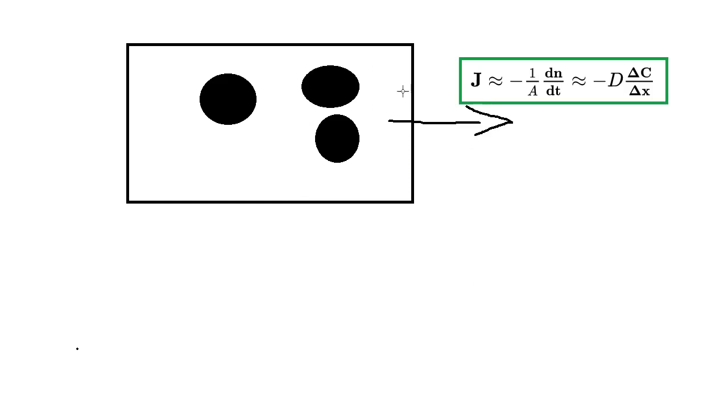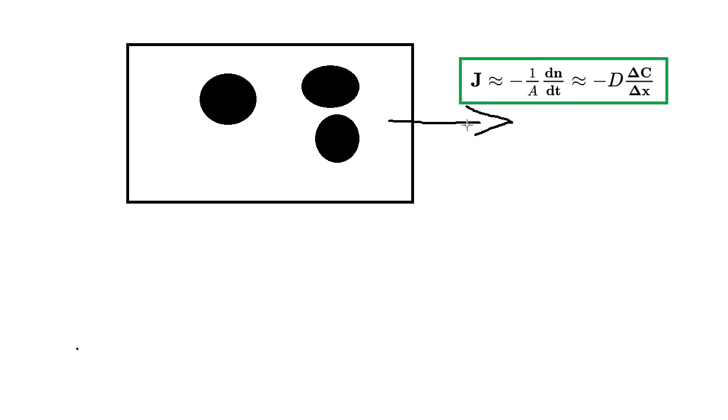Now, the particle flux J here is a unique quantity. What it basically tells you is the rate at which molecules are passing through this barrier per unit area. That's why there's a 1 divided by an area here. And this dN by dt is just simply how many particles per second are passing through this boundary. If you like, you can also replace this with delta N by delta t.